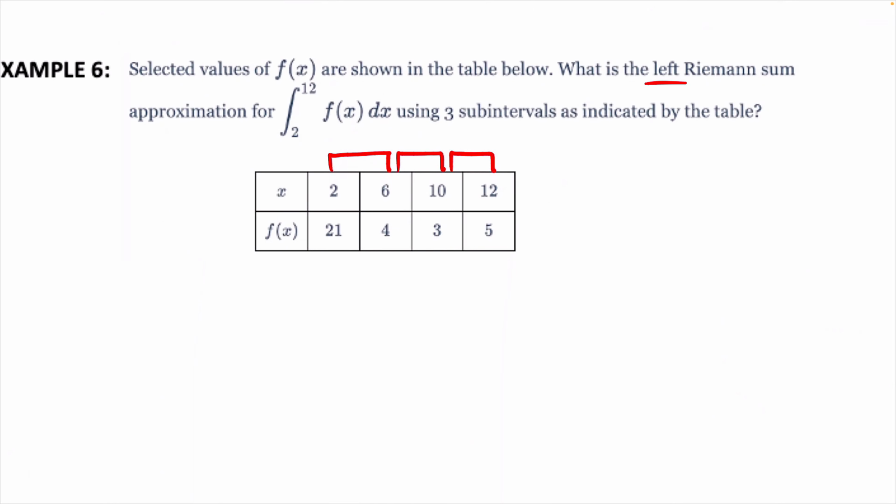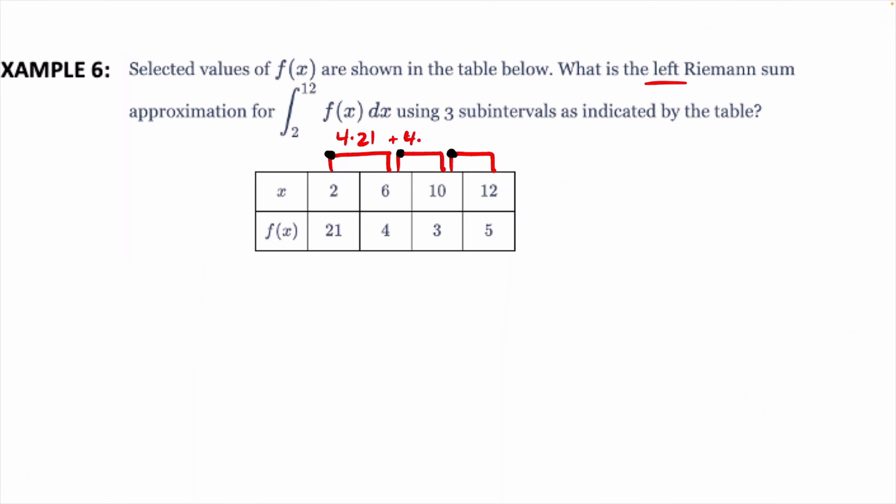Which y value is going to determine the height of the first rectangle? The left side, the top of the left, right? So how tall? We know it's going to be 4 wide. How tall is that dot going to be? 21. Plus, it's going to be 4 wide.